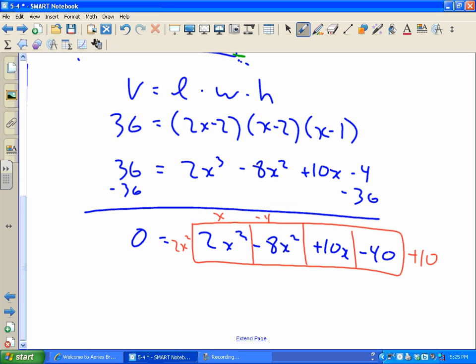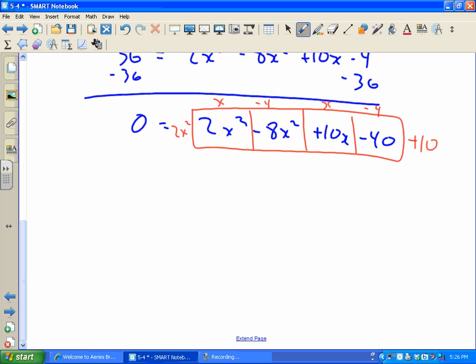If I take out a 10, that will give me an x, and minus 4, negative 4 times 10 is negative 40. You know you factored by grouping correctly when your factors up top, x minus 4, that's the common factor.